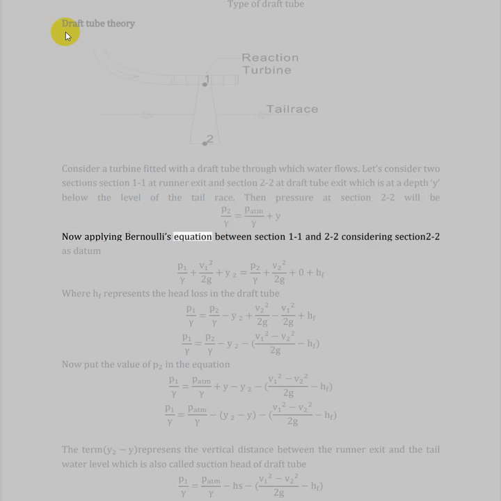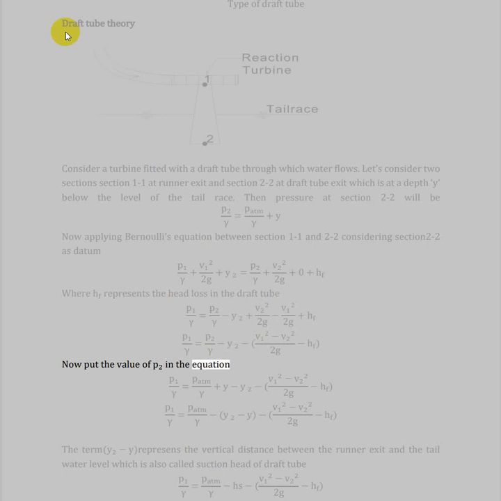Now applying Bernoulli's equation between section 1-1 and 2-2, considering section 2-2 as datum: P1/gamma plus V1²/2g plus y equals P2/gamma plus V2²/2g plus 0 plus h, where h represents the head loss in the draft tube. P1/gamma equals P2/gamma minus y plus V2²/2g minus V1²/2g plus h.